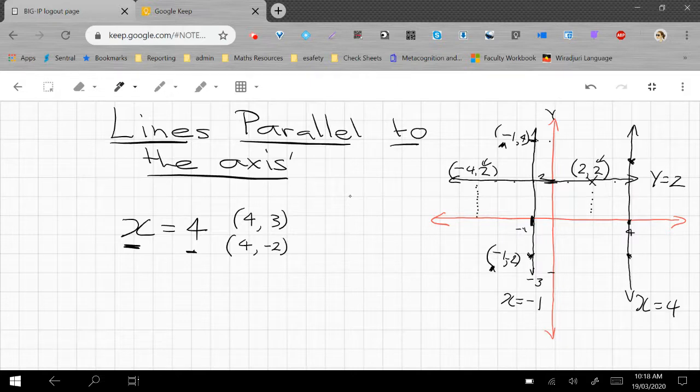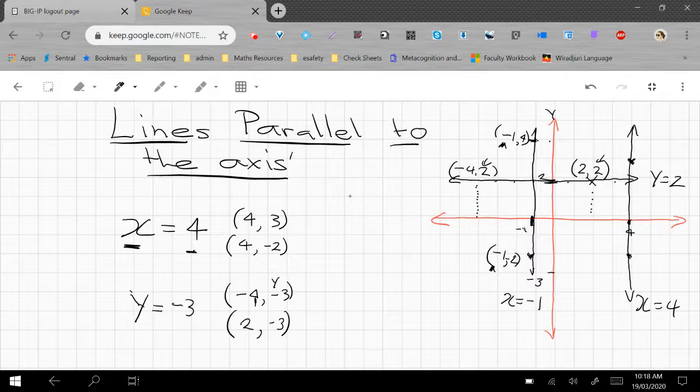And lastly, if I'm going to do where y equals -3, I would be looking for points that might be (-4, -3). Okay, my y coordinate is -3, and let's say (2, -3). So there's 2 points where my y is -3, and it doesn't matter what my x is.